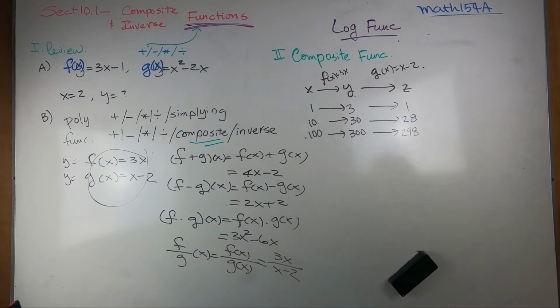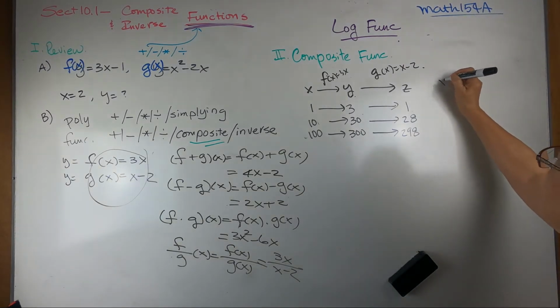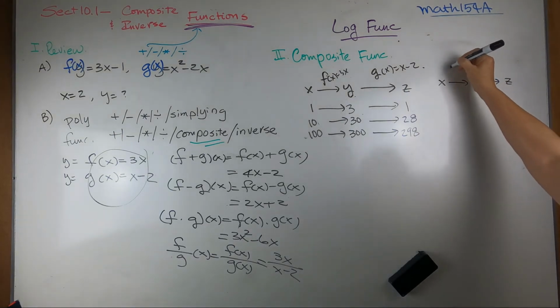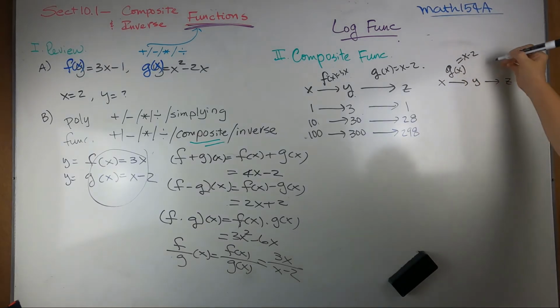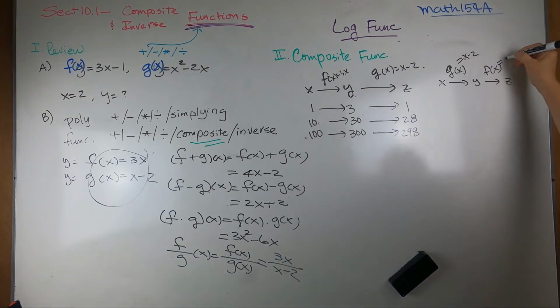However, if we do the same number, if I do from x to y to z, right? So if I do g first, which is x minus 2, then I do f. I stack up differently, okay? So that will be what? X, 3x, okay?